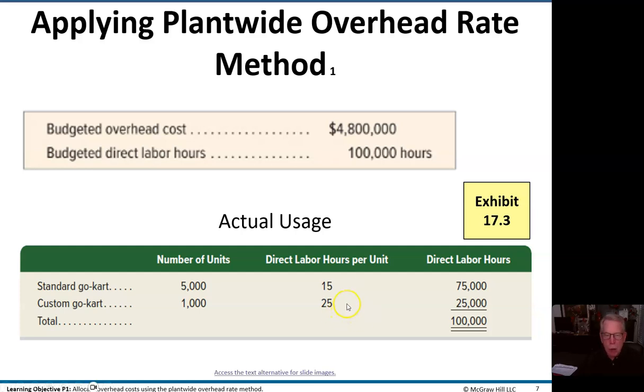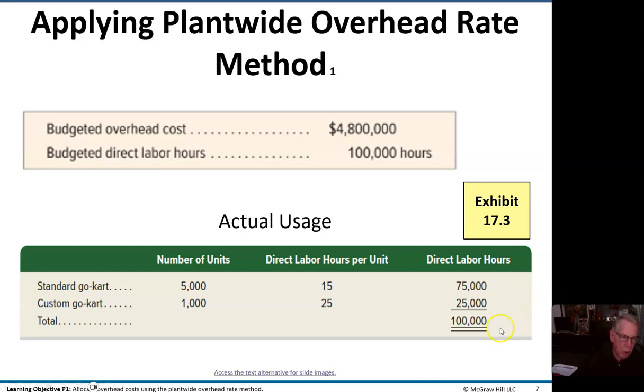And the custom go-kart, we make less of them, but we use more direct labor hours per unit. So if we multiply these through, the direct labor hours actual for standard go-karts here is 75,000, and the custom go-karts is 25,000, and the total is 100,000.